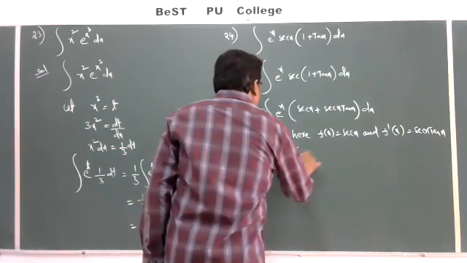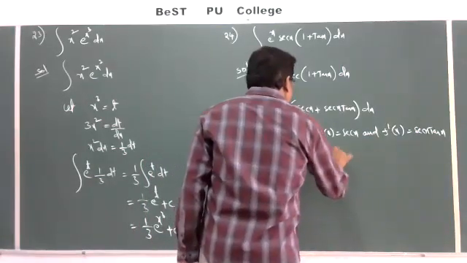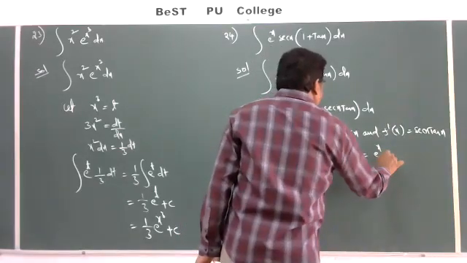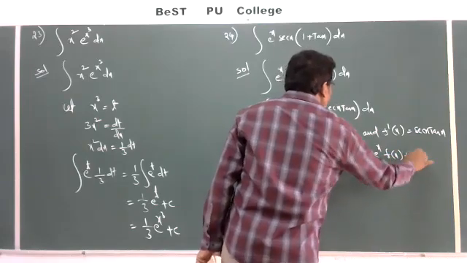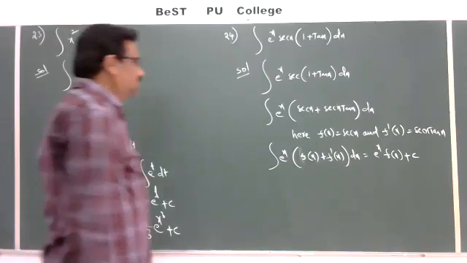Integral e power x into f of x plus f dash x dx is equal to e power x into f of x plus c.